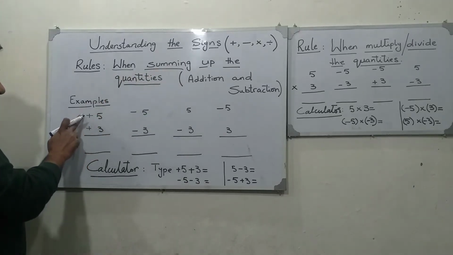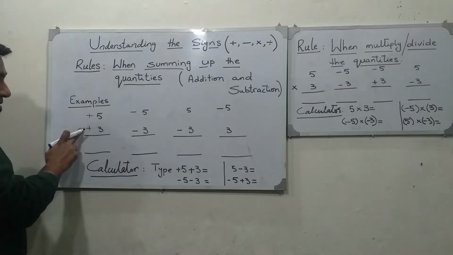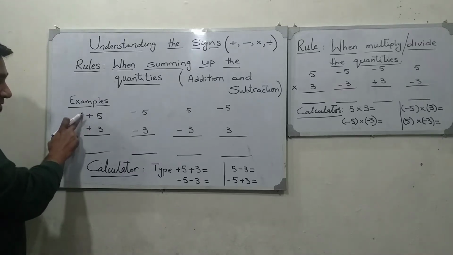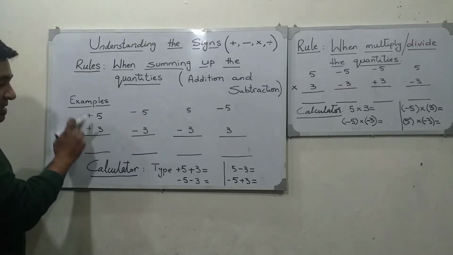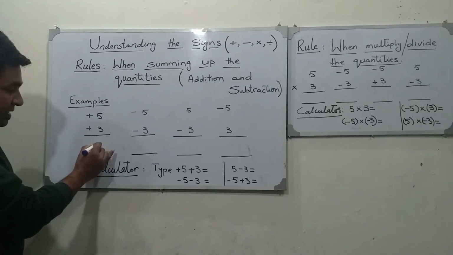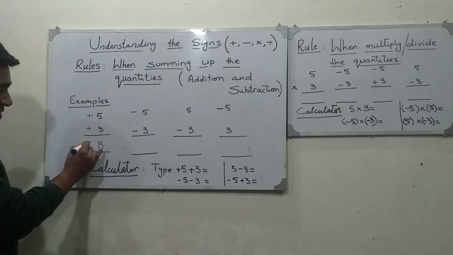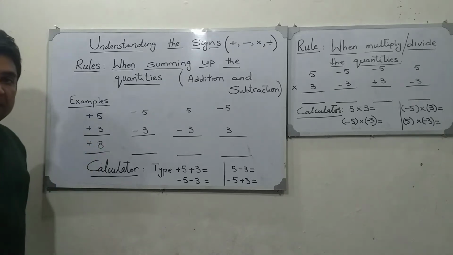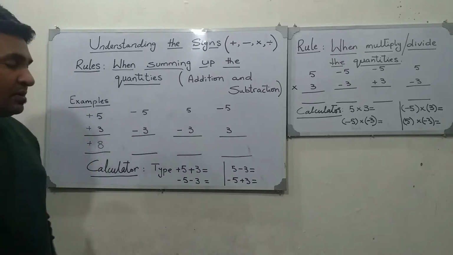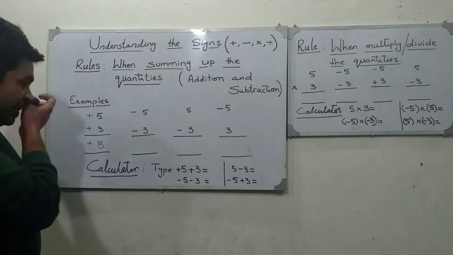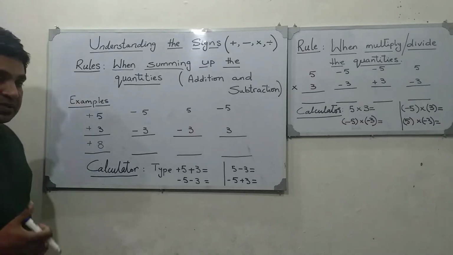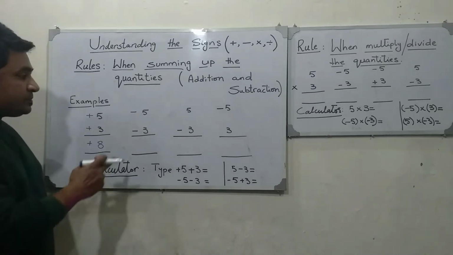Both are positive, so we add these two numbers and the answer is 8, positive 8. If you write the positive sign, it's good; if you don't write it, it's okay. But for these examples, I will also write the signs.